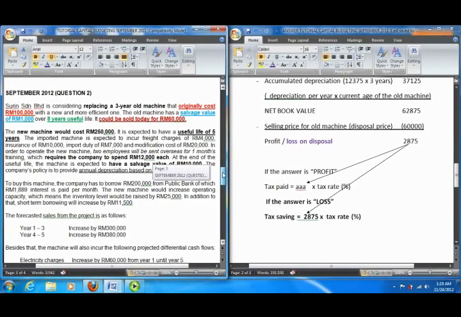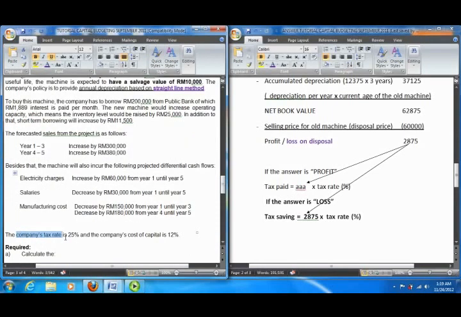Alright, class, you can see the question on the left side. You see here, class, the company tax rate is 25%. Do you see, class? The question tells you already the tax rate is 25%. So the tax rate here is 25%.